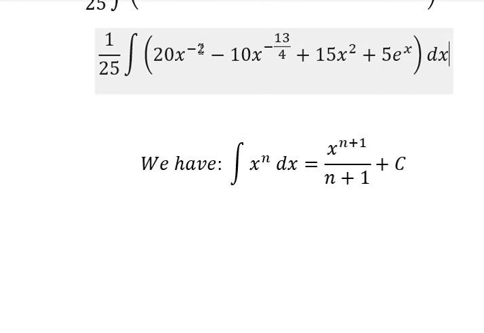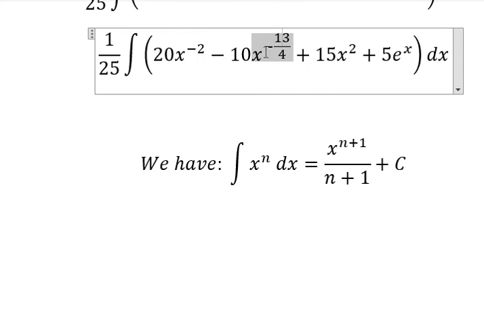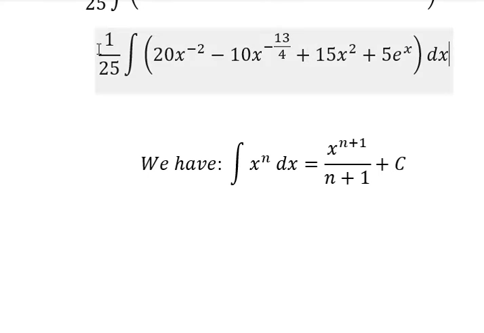Now we can apply the formula in here, here, and here. This one we keep the same.